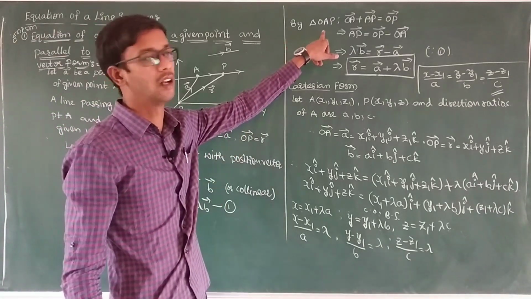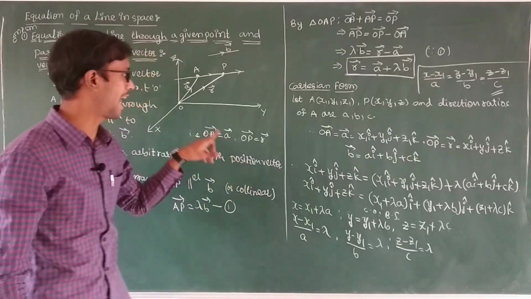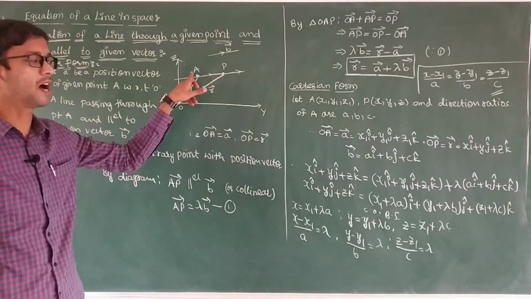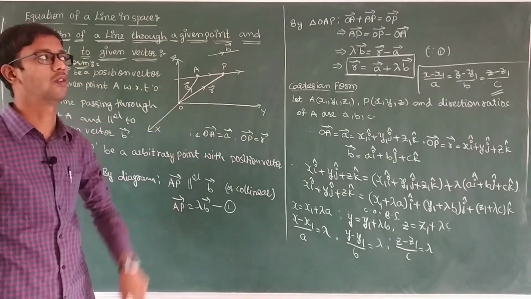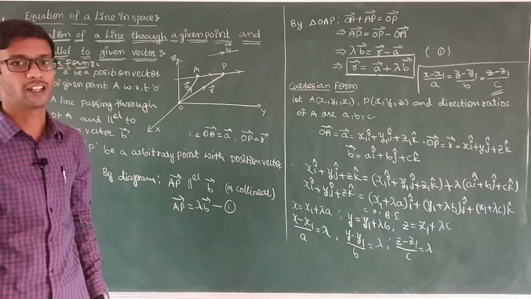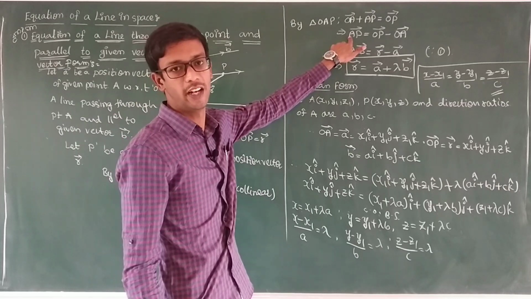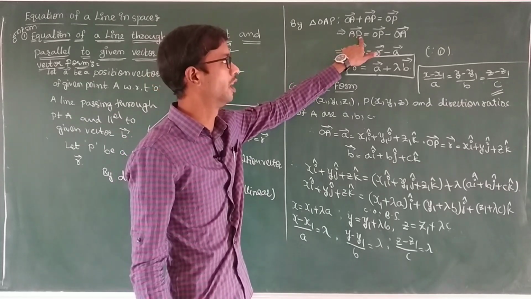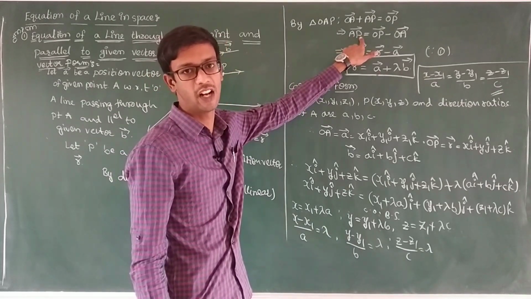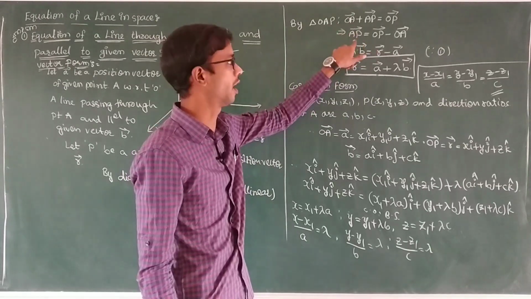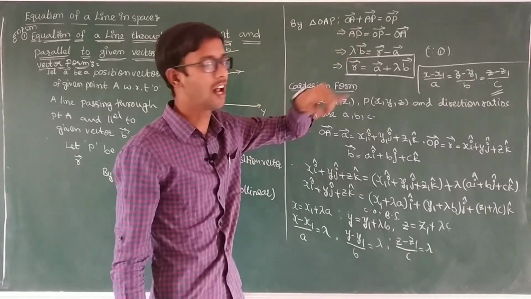By triangle OAP, using the triangle law of vector addition, OA bar plus AP bar is equal to OP bar. Otherwise, AP bar is equal to the terminal point position vector OP bar minus OA bar, which I already discussed in vector algebra.